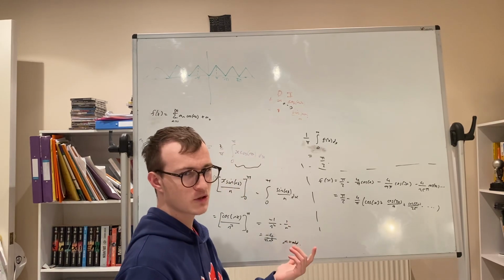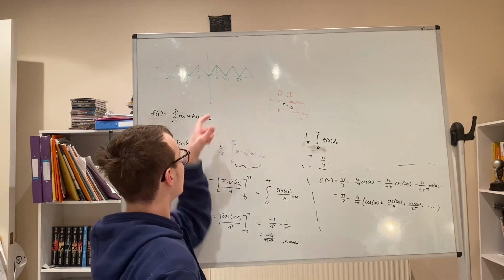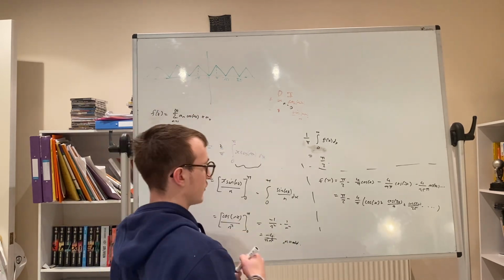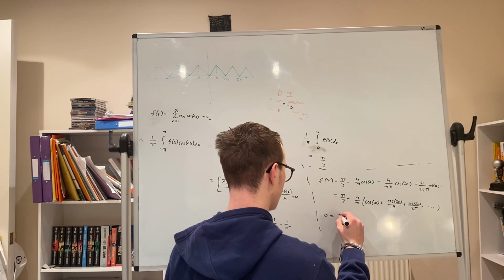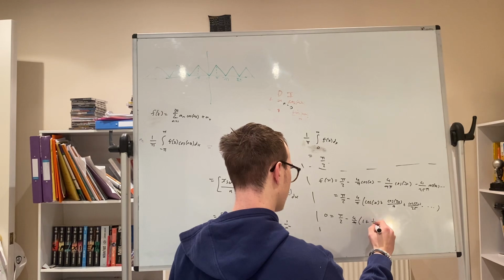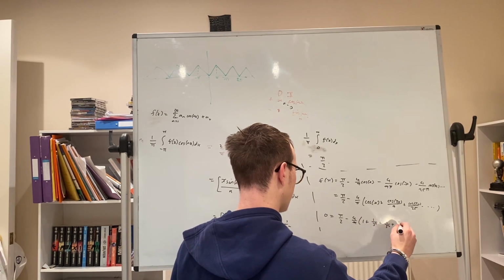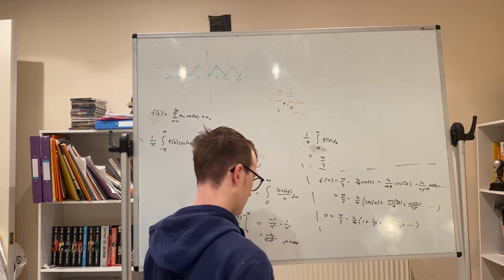Then I realized, wait, something cool happens. What if I literally just plug in x equals 0 on both sides? Well, then, because f of 0 is just 0, I get 0 equals pi over 2 minus 4 over pi times 1 plus 1 over 3 squared plus 1 over 5 squared plus 1 over 7 squared plus and so on and so on.